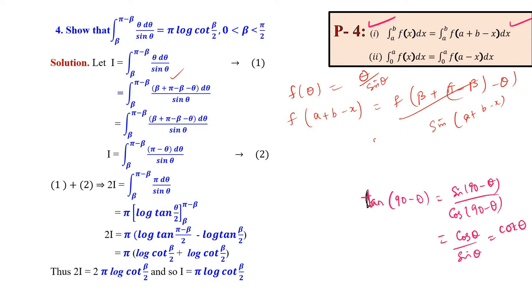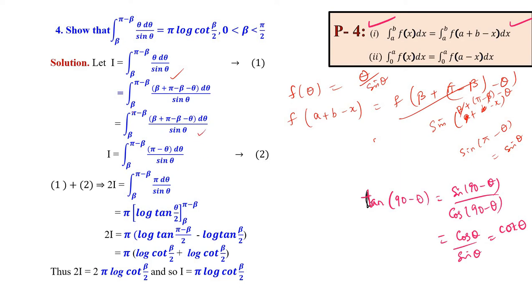So a plus b here is beta plus pi minus beta minus theta. We can cancel these two. So sine of pi minus theta is sine theta. That is what we have here in the denominator.